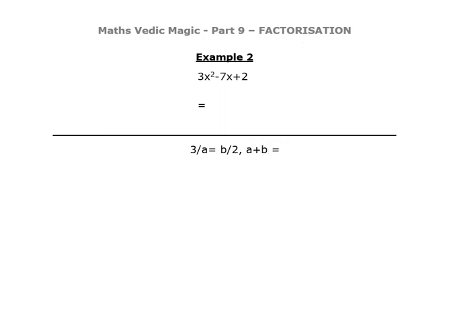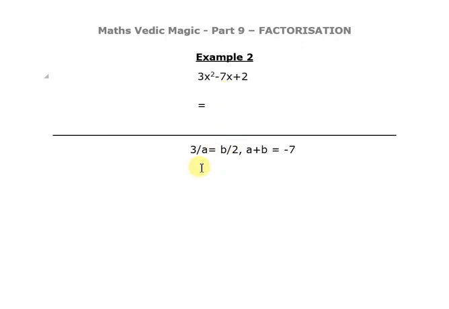So which two terms sum to minus 7, whereas their multiplication is 6? I would say minus 6 and minus 1. They sum to minus 7, and their multiplication, minus 6 into minus 1, goes to plus 6.